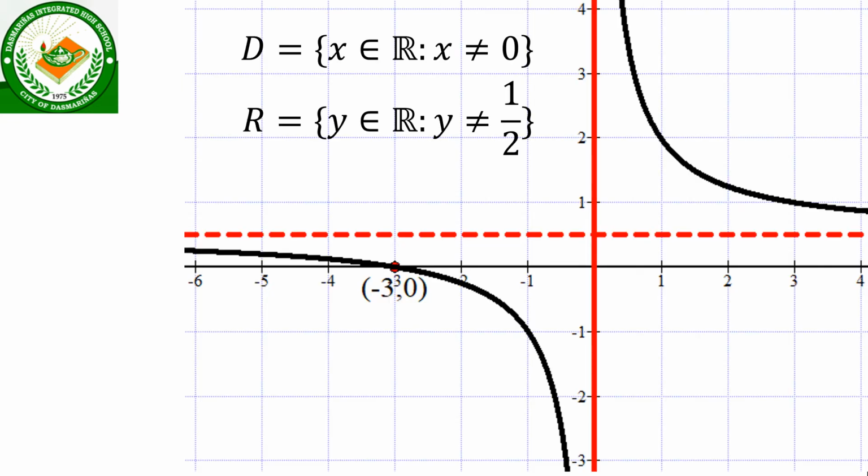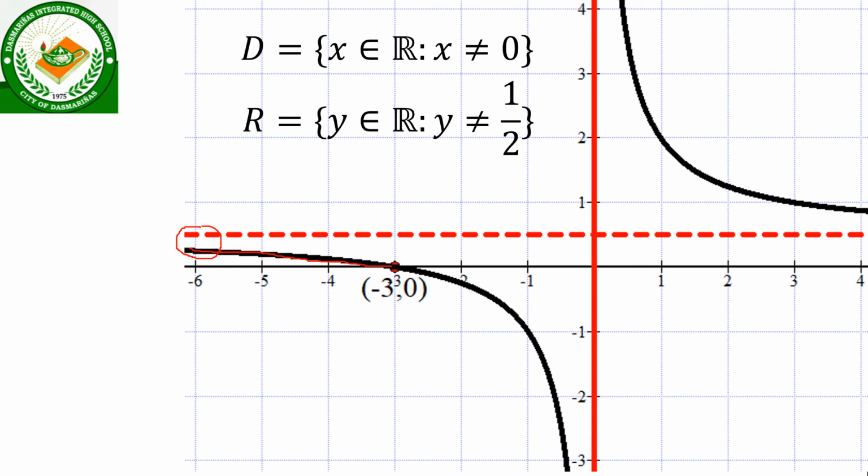So I have this graph, and as you can see, for the interval negative infinity to negative 3, I have here this. It passed through negative 3, 0 because that is the x-intercept. It is located above the x-axis. And here, as you can see, it approaches the horizontal asymptote, but it will never intersect the horizontal asymptote.